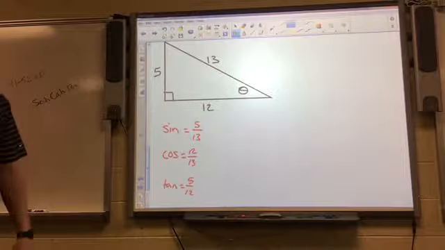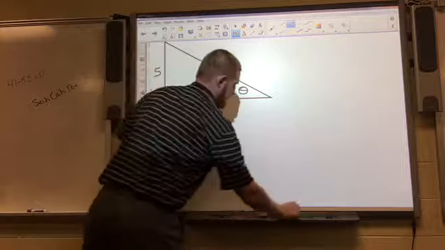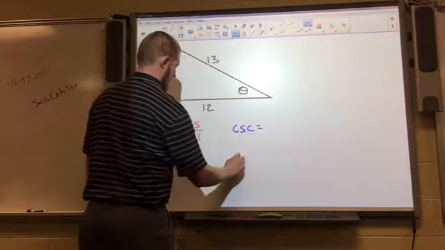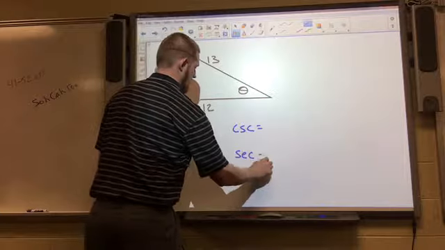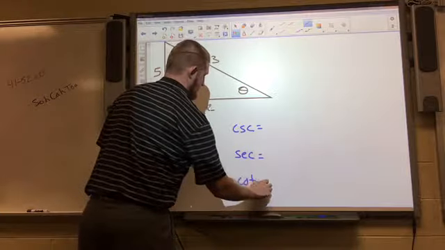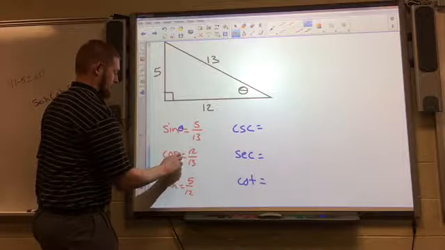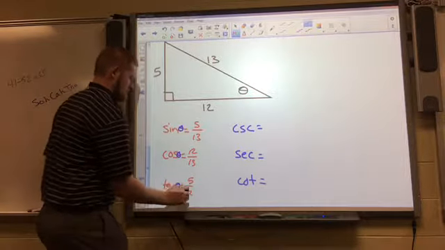From there, we can figure out our cosecant, our secant, and our cotangent, hopefully fairly easily. They might have put theta in all these actually.